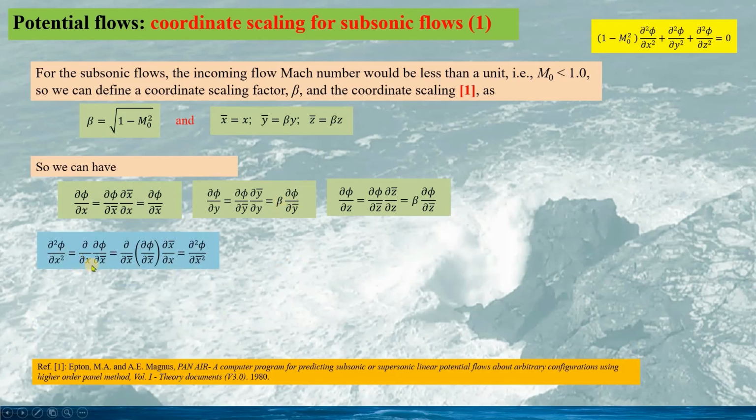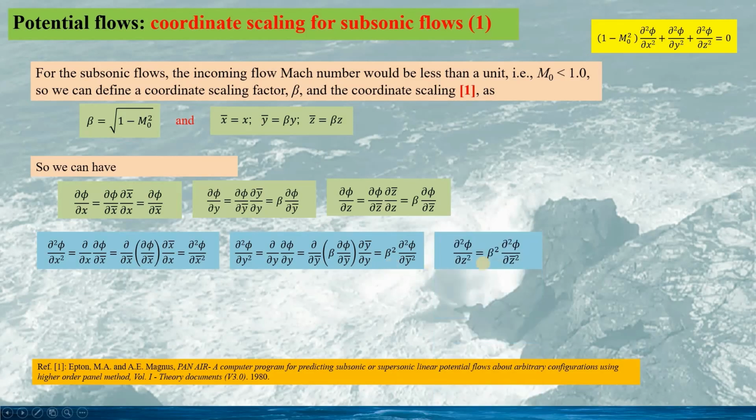And similarly, we can calculate the second order differentiation given by this for the differentiation with regard to x. And the differentiation with y, we can calculate this, and the differentiation with regard to z.